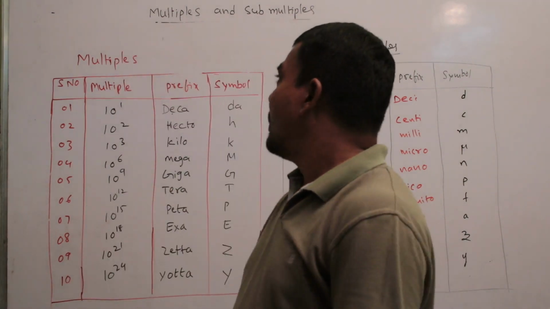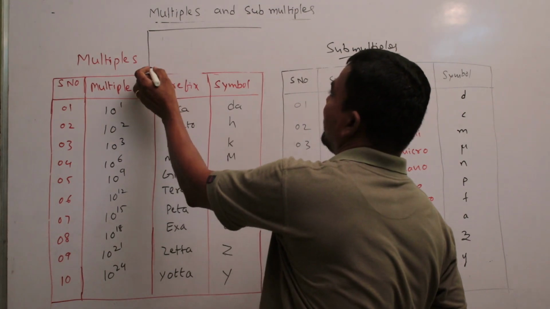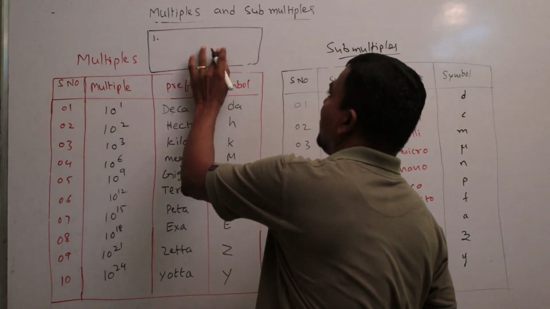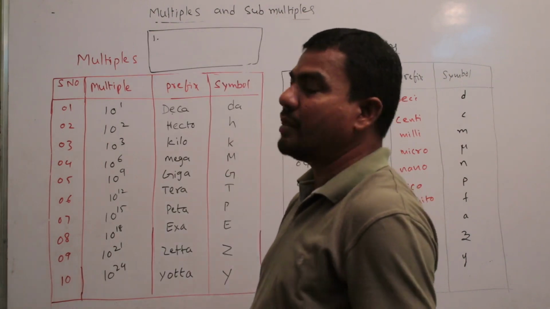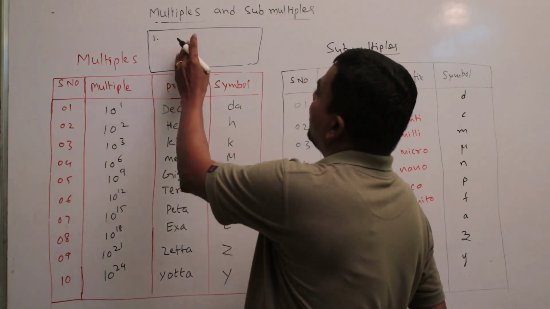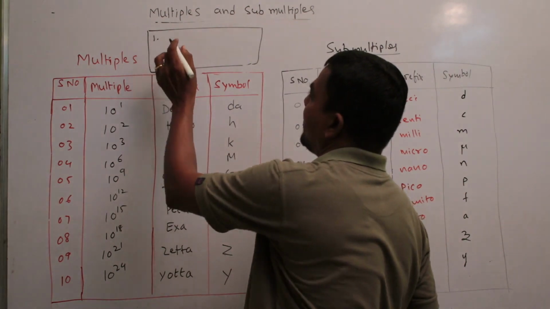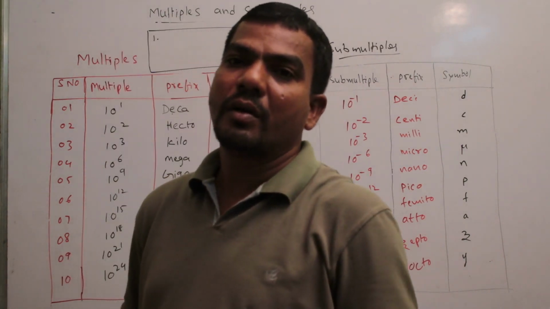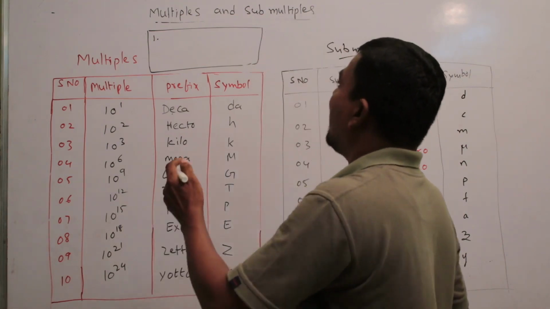First, if the symbol of a unit is the name of a scientist, it is always written in capital letters.